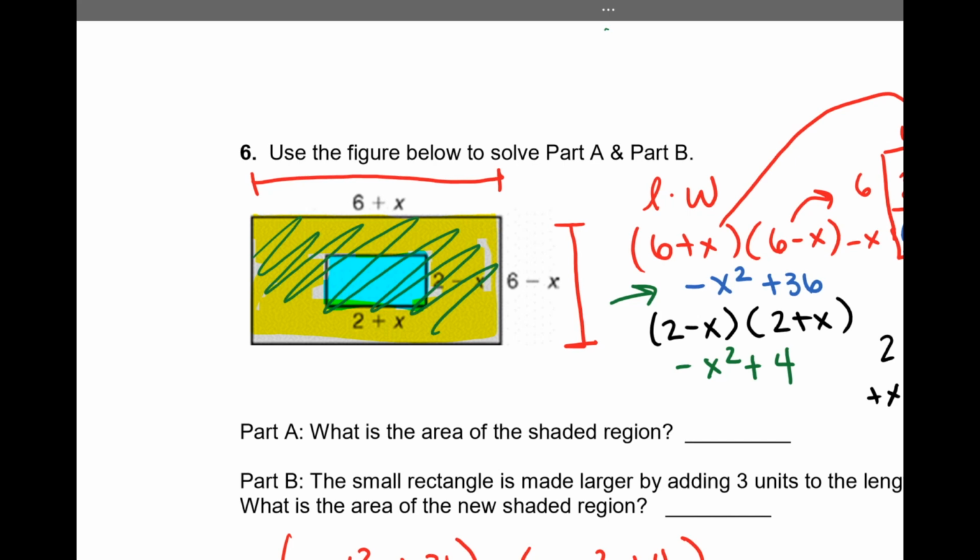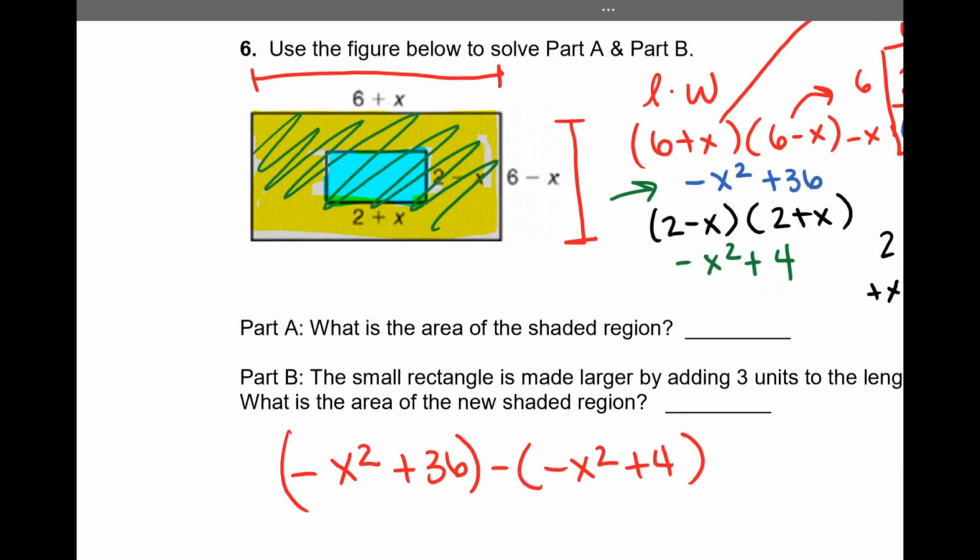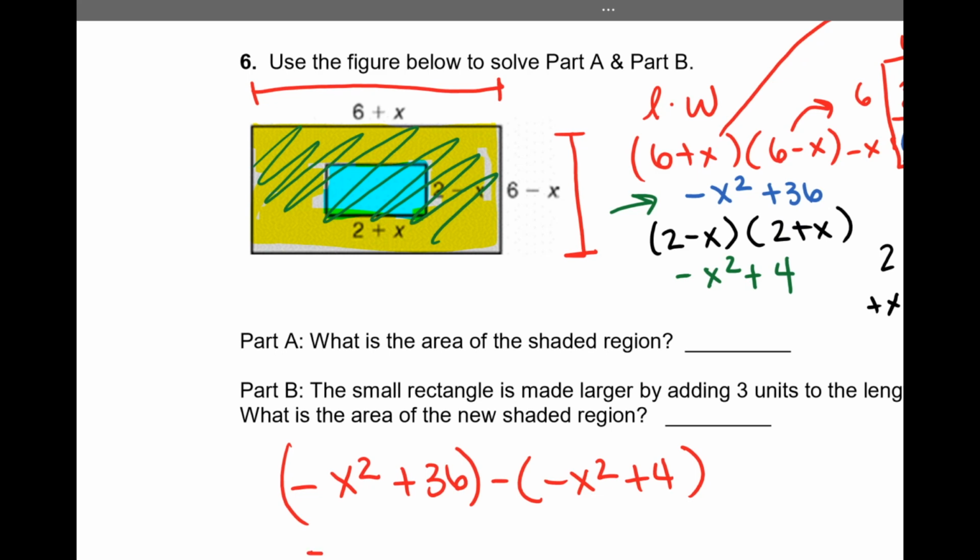Alright. There's nothing I can do with the inside of this, so this is going to stay the same. Negative x squared plus 36. But notice how there's a negative in the front, so you're going to distribute the negative. So negative times a negative is a positive. Negative times a positive is a negative.